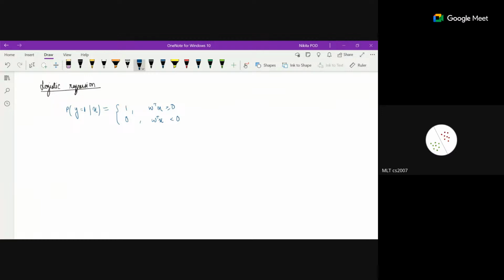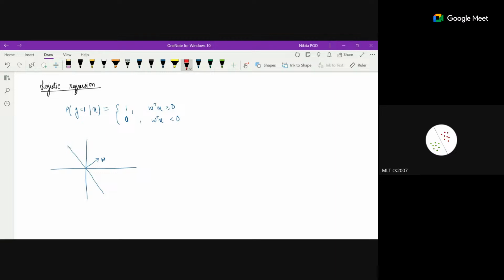So, the question here is that, like before, when W transpose X was greater than or equal to 0, I was saying the probability is 1, otherwise it is 0. But this model was not helping us in situations where the data set was not reliable.